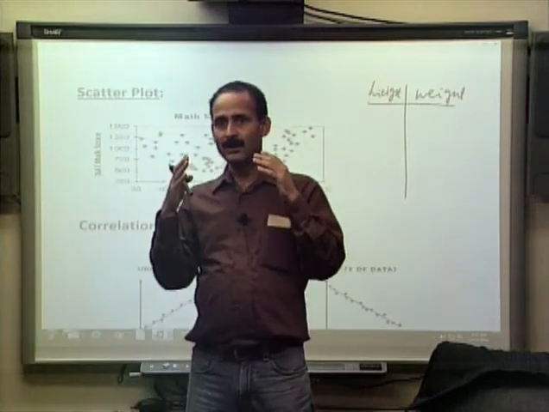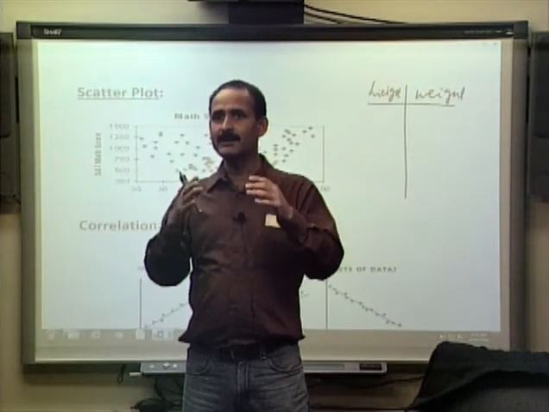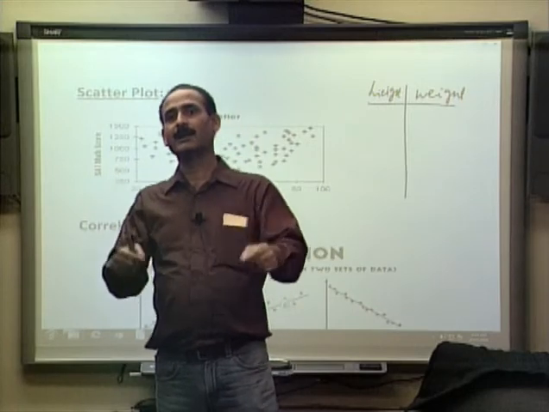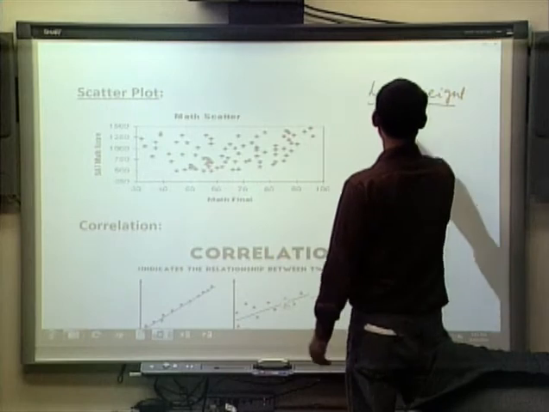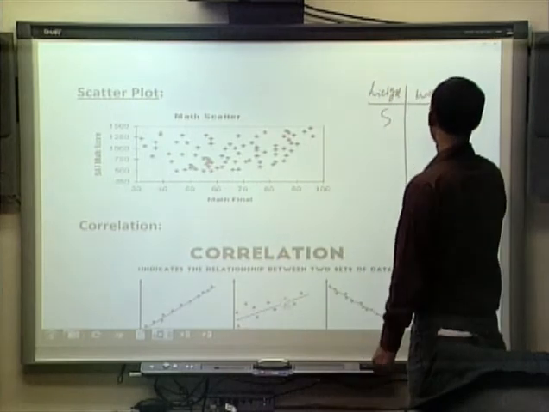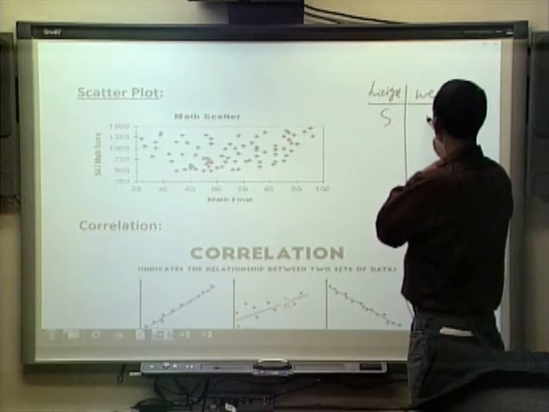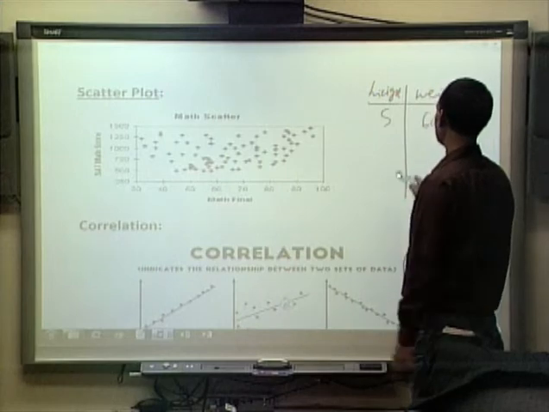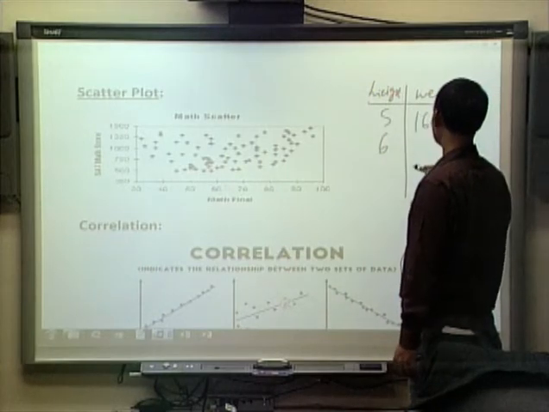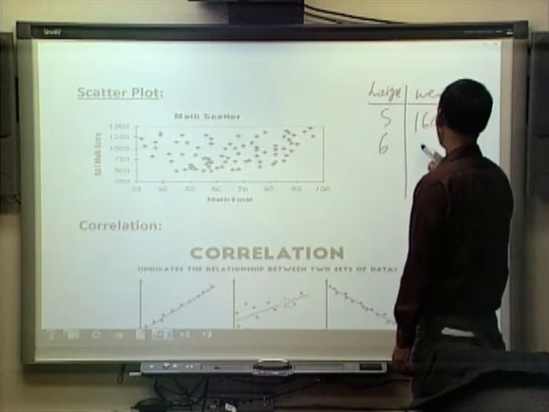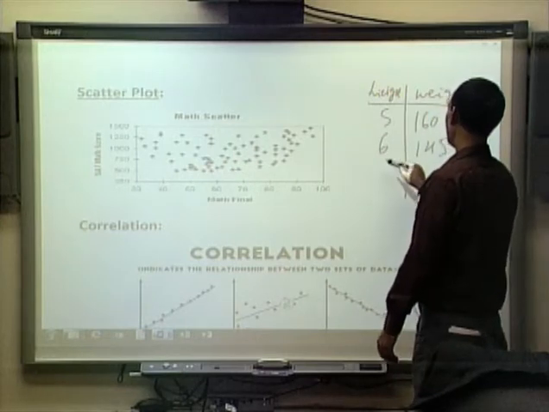We are noting the height and weight of humans. So, let us say 5 feet tall and the weight is, let us say, 60 kg, and let us say this person is 6 feet tall, weight is 160 pound, let us convert into pound, 145 pound, and so on.